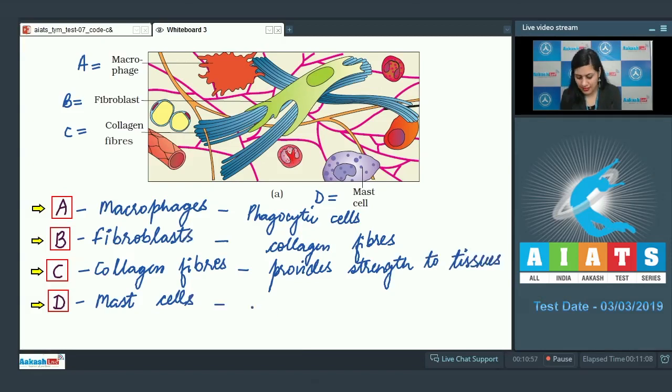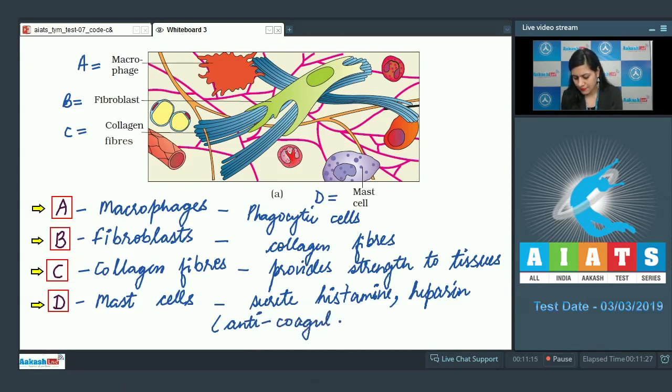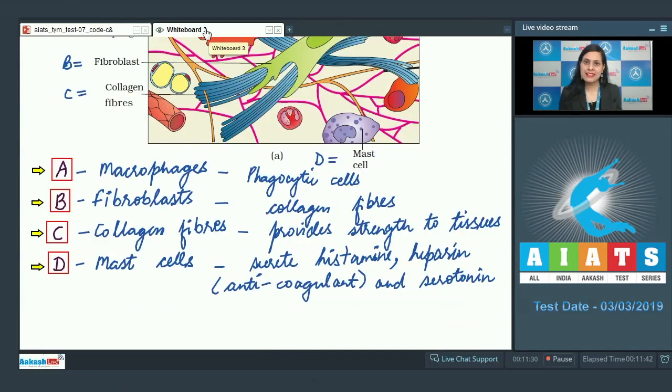And mast cells secrete histamine, heparin, which is an anticoagulant, and serotonin. Now let's discuss the options.